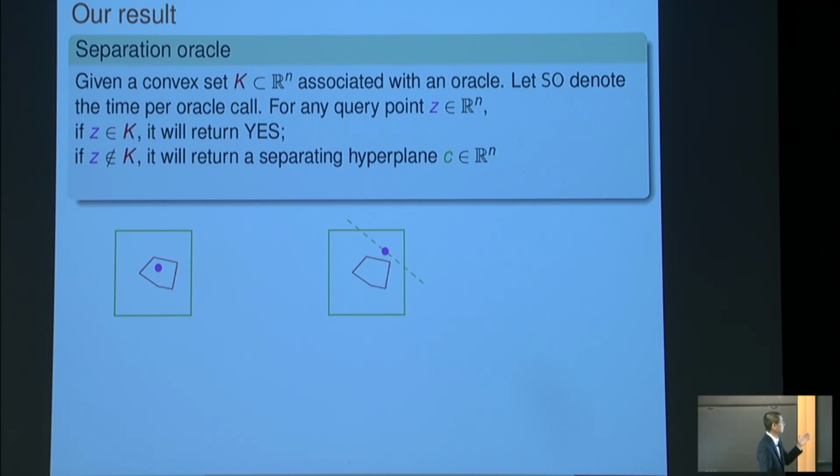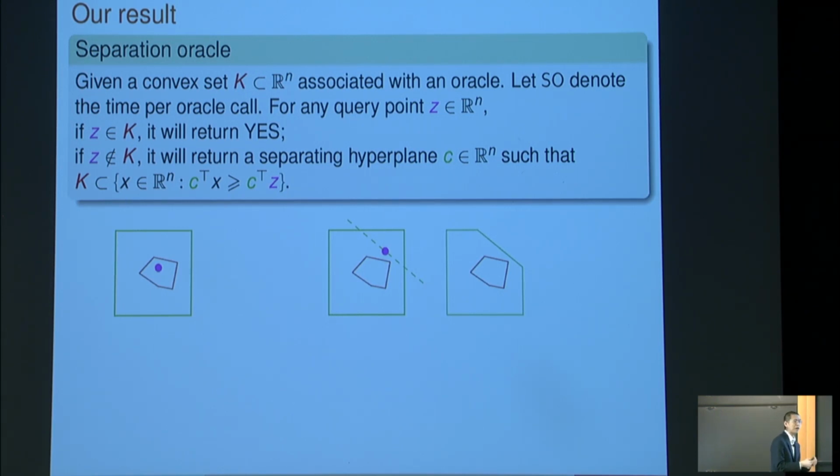So if Z is not in the convex set, it will return a hyperplane, this dashed green line. Then my algorithm is going to merge this new constraint with my original constraint set, and the green region shrinks by this small amount.